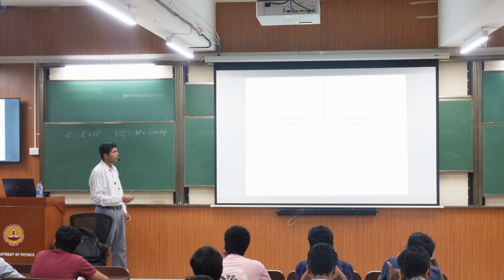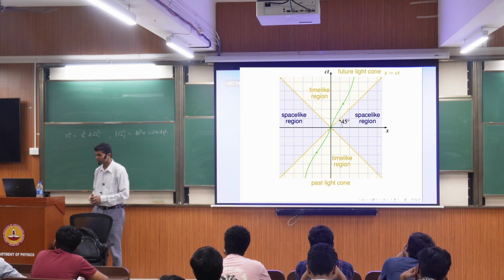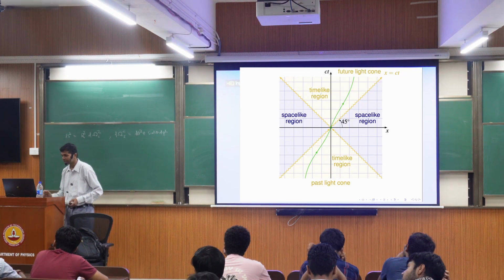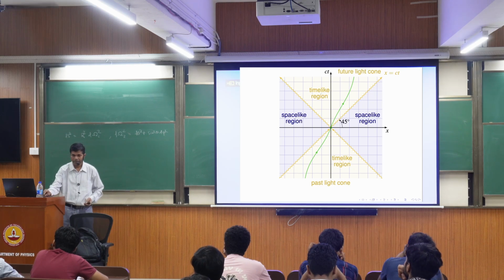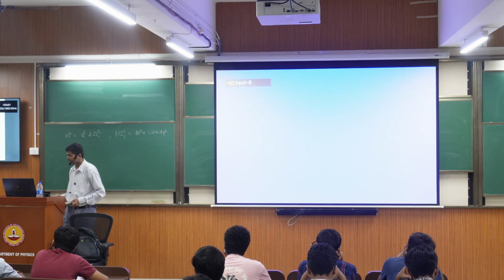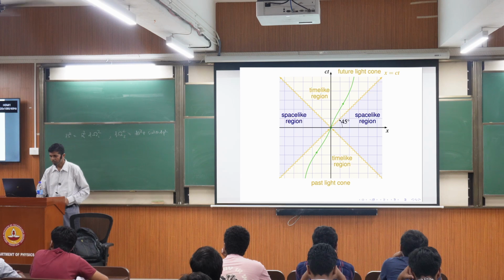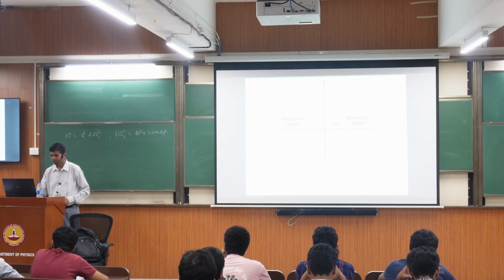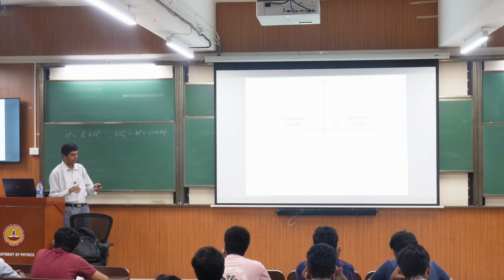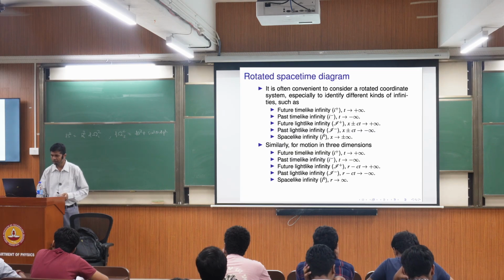On the other hand, light signals only travel along these directions. So the light-like paths travel along these directions, whereas the world line of any particle travels this way.